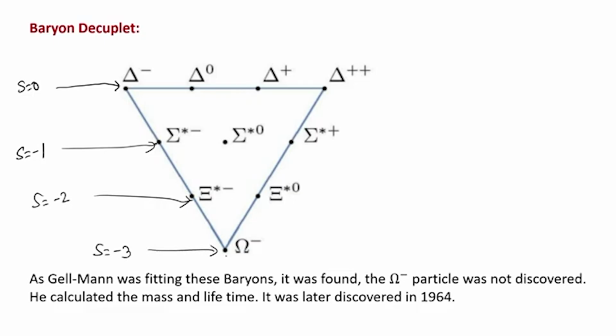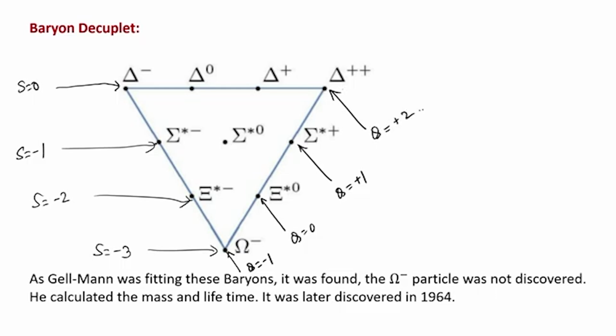And these charges are again in this direction. So, you have a q equal to -1, and then along this you have a q equal to 0, and along this you have a q equal to +1, and then you have a q equal to +2. Okay.